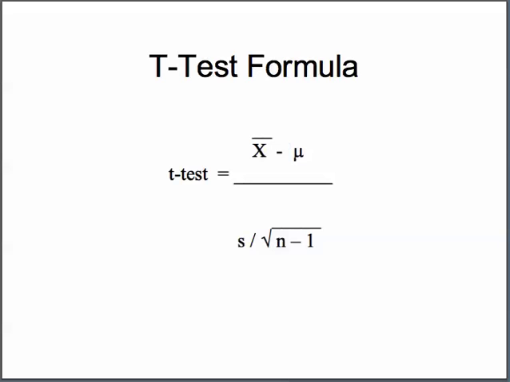The t-test is equal to x bar minus mu, divided by the sample standard deviation, s, further divided by the square root of the number of samples minus 1.